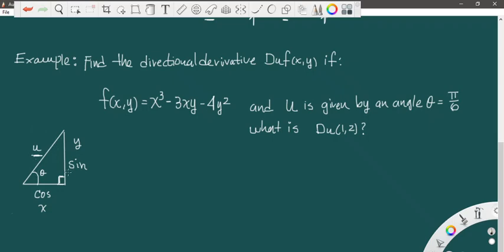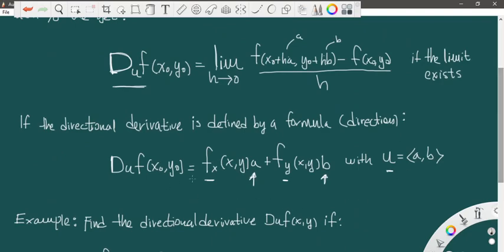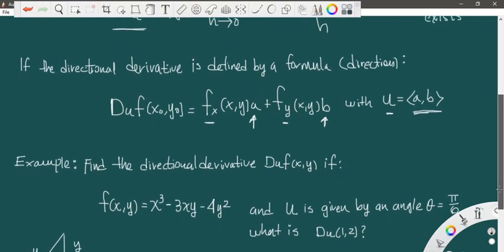So if you have a reference plane like the x-y axes, the only way that you can know the direction and the magnitude of this is by knowing its components. So we are adding this trigonometric component to our partial derivatives because we need to know how much is moving in the x-axis and how much is moving in the y-axis. Okay, and we are transforming that to this unit vector whose components in x and y are these two amounts that are noted there.